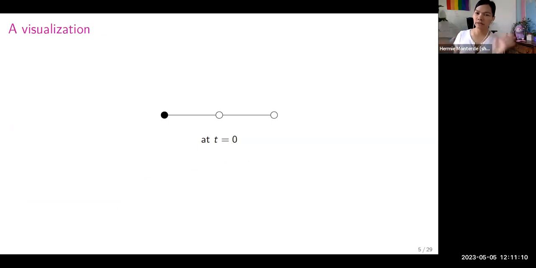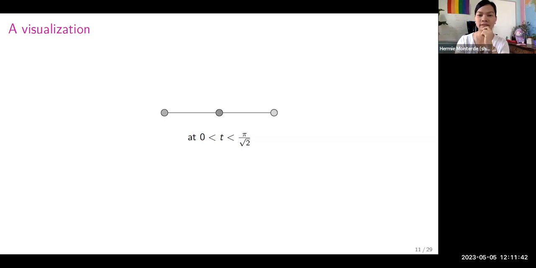Okay, so let's go to this visualization because everything is theoretical at the moment. So let's try to see what's going on. We have the path on 3 vertices, right? And we assign a quantum state at an end vertex of this path. So this is the black vertex here. We assign that here, at time t equals 0. And then we look at what happens as we let t increase.